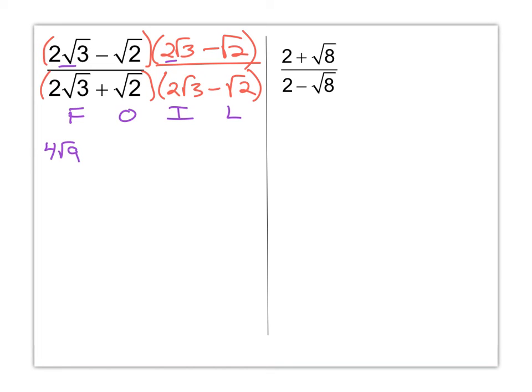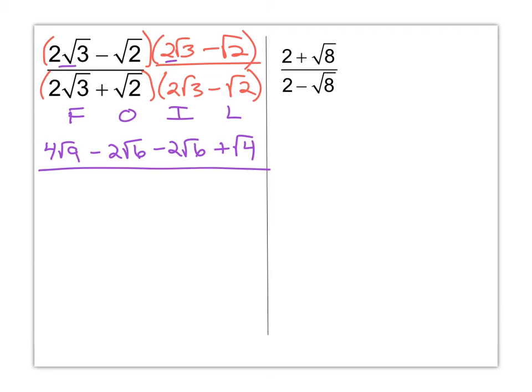The outer is 2 square root of 3 times negative square root of 2, and that's going to be minus 2 square root of 6. The inner is negative square root of 2 times 2 square root of 3, which is another minus 2 square root of 6. And the last is negative square root of 2 times negative square root of 2, which is plus the square root of 4, which we will be able to simplify in the numerator. We'll do that in the next step. Let's use the FOIL process in the denominator.